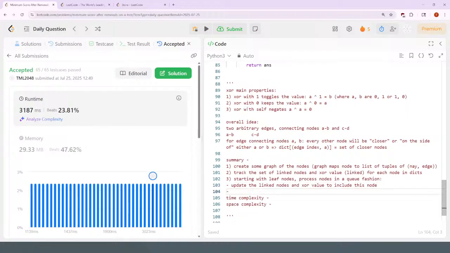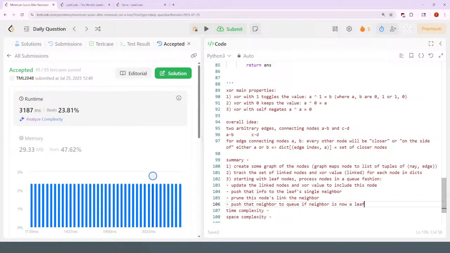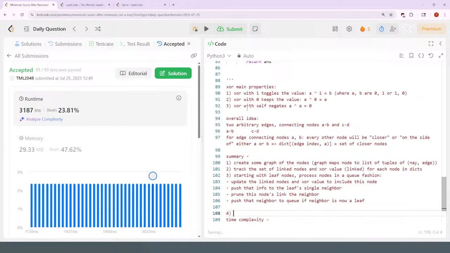And then you push that info to the lone single neighbor, prune this node's link to the neighbor, push that neighbor to the queue if the neighbor is now a leaf.